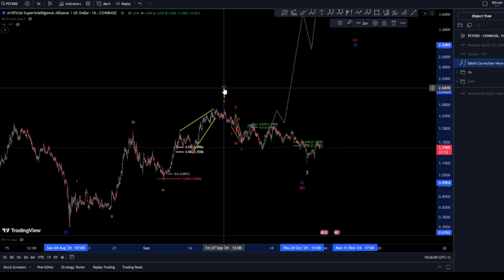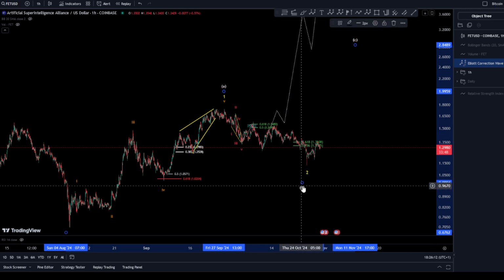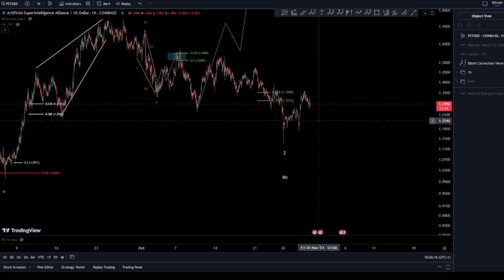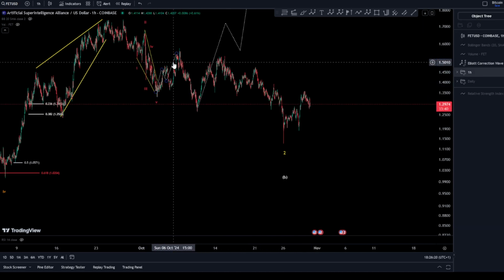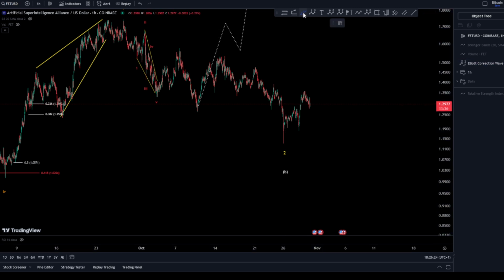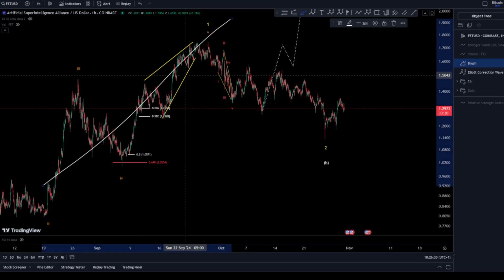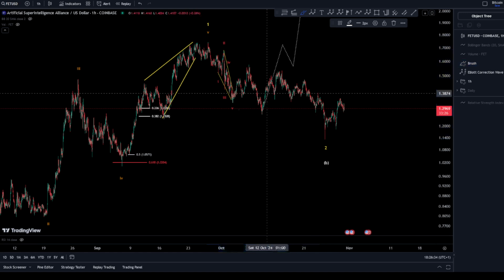Because we might be also in A and B and a C, of course, towards the upside. In that case scenario, guys, we are looking now for higher prices in both case scenarios. Let's clean up a little bit, it's too much stuff. So in both case scenarios, you are looking for higher prices, because you have finished either a wave A or a wave 1 impulsively, and now you finished 3 waves corrective.